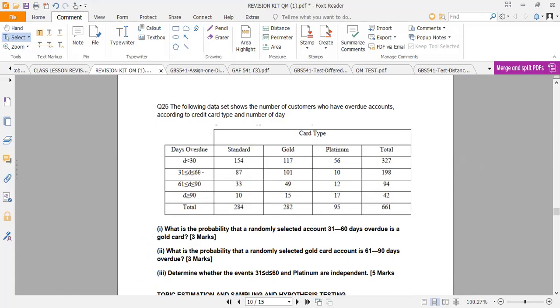So 31 to 60, you get the total, which is 198 over 661. Okay, what's the probability that the randomly selected gold card account is 61 to 90? So where they're meeting, gold and 61 to 90. So 49, but what total are we looking at? The grand total, because this is intersection.